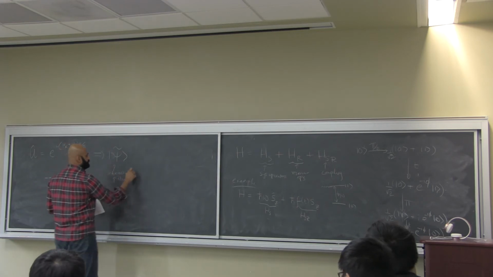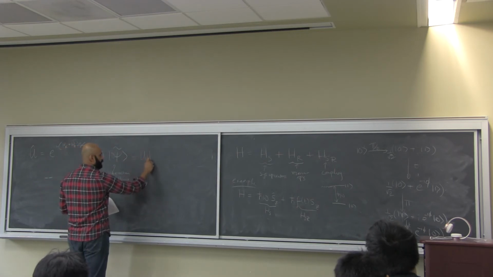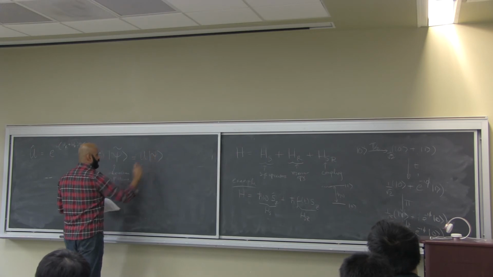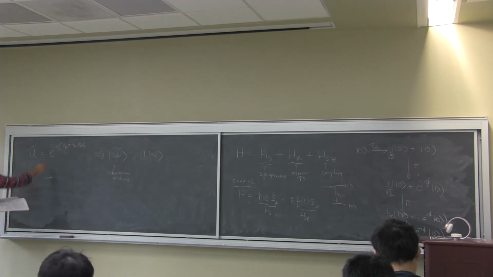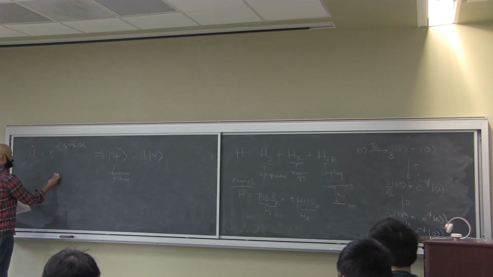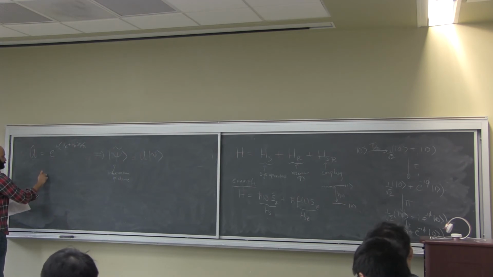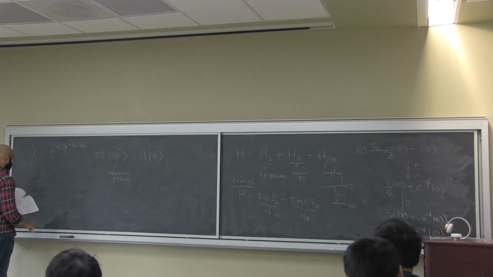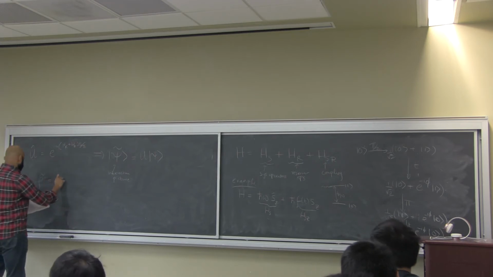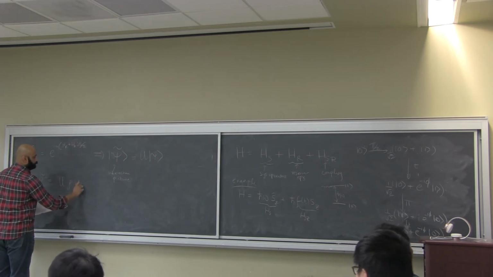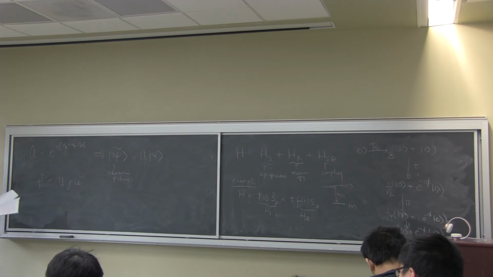The interaction picture state ket is given by taking psi and applying the unitary operator U that I just defined over here, and now of course we are interested in the density matrix, rho tilde. The rho tilde is going to go as U rho U inverse.